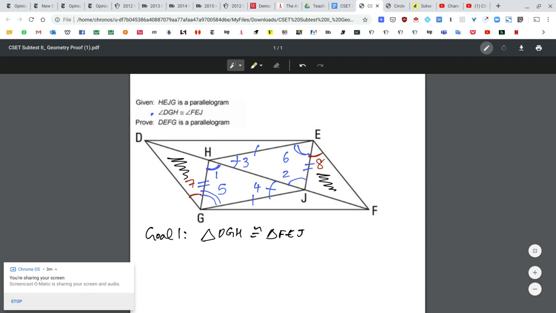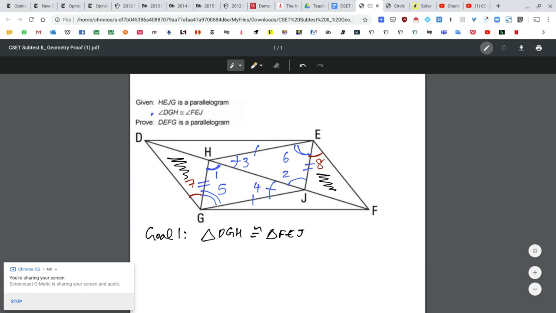My approach is that if I can show these two triangles are congruent, then corresponding parts of congruent triangles are congruent, and from there I can move forwards and show that the opposite sides of this figure are congruent.